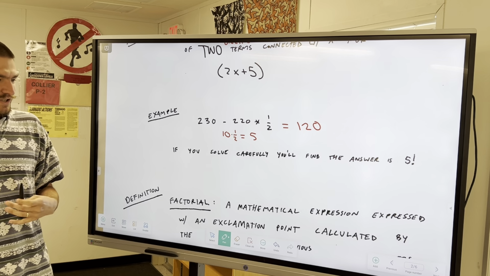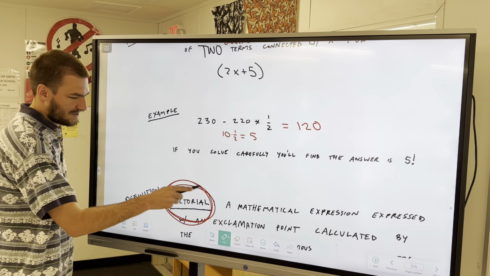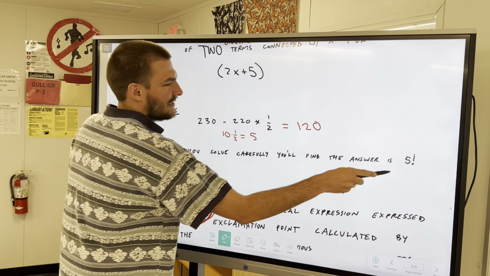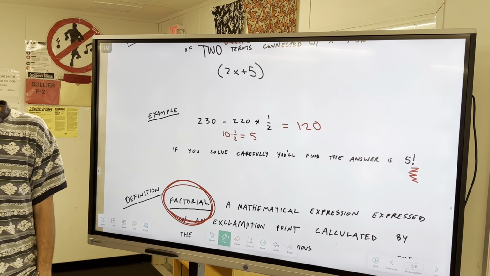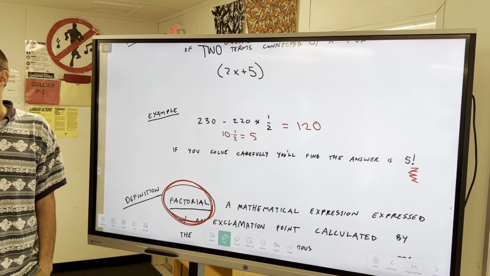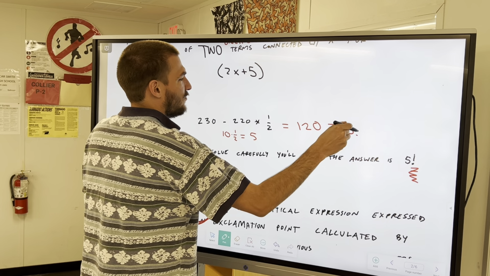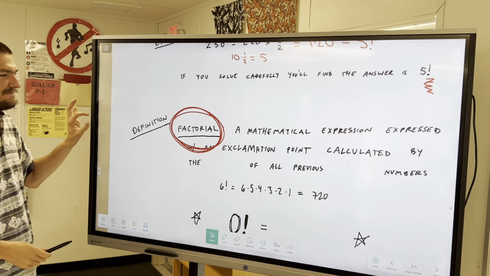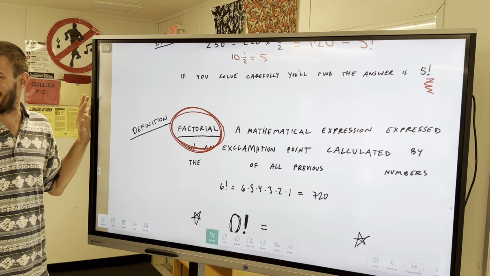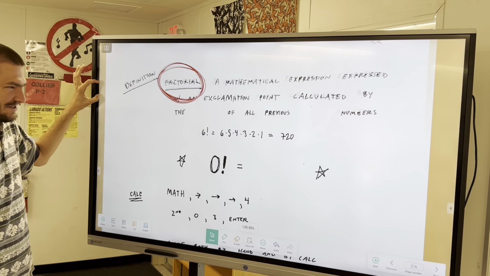But what makes this such a great joke is that it's really a factorial joke, okay? In math, this exclamation mark actually changes the number. And so the joke is that 5 factorial is 120. So, it's a great joke. You guys can laugh now. Thanks. It is a great joke.